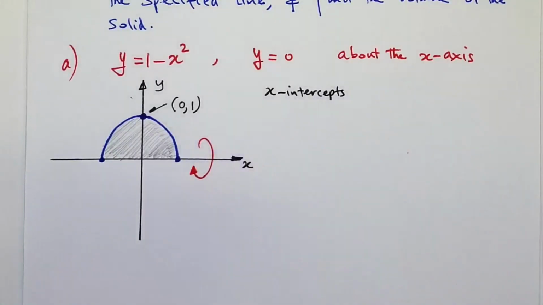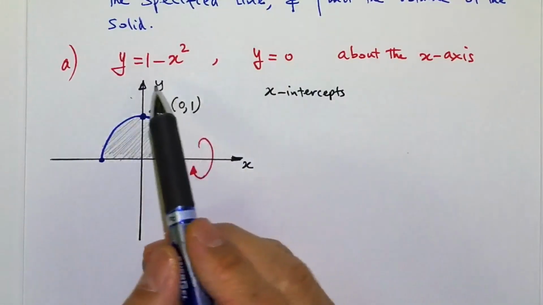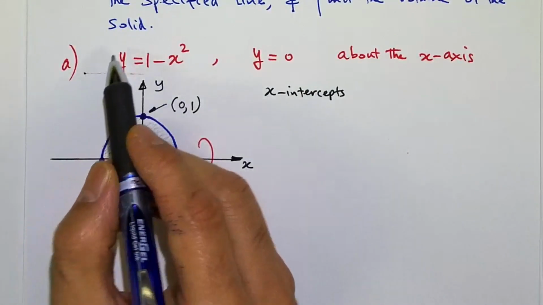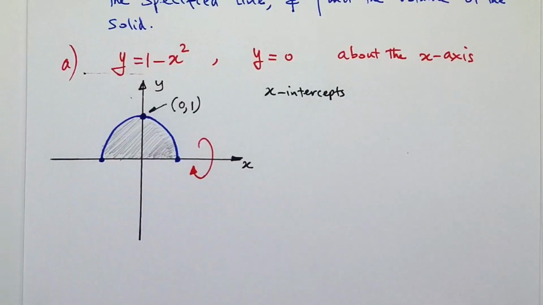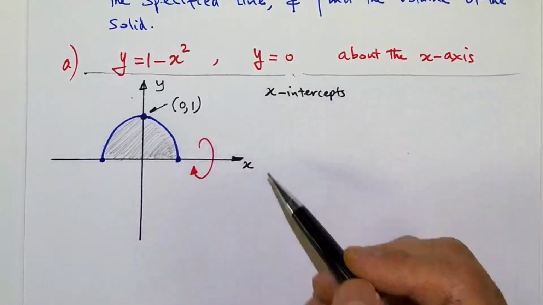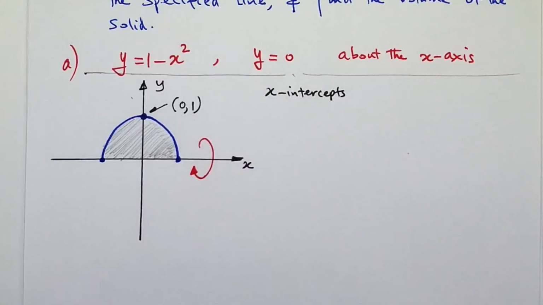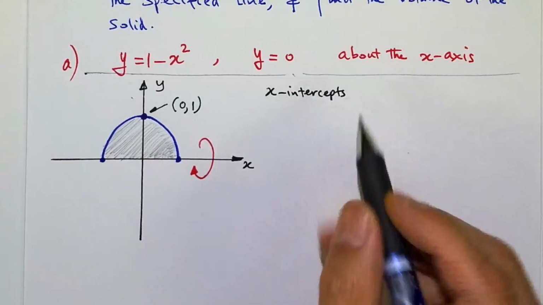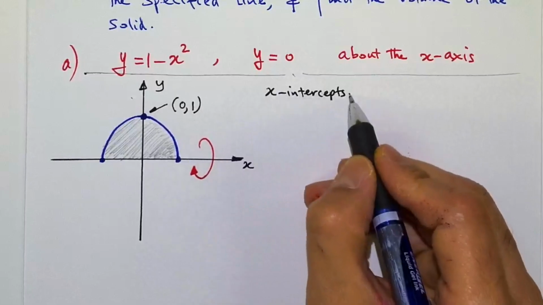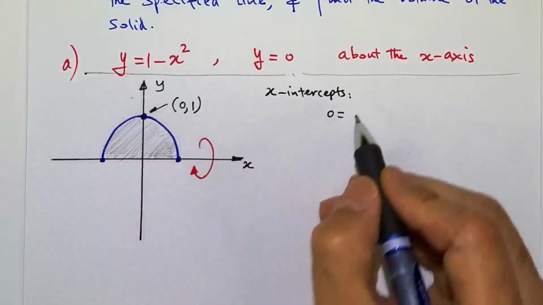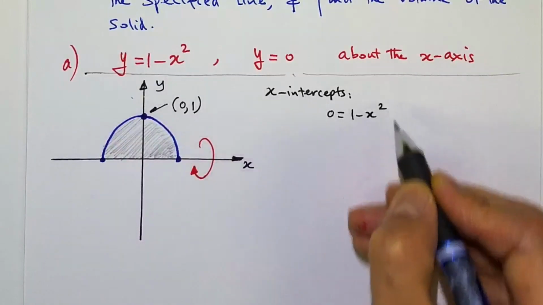so the solution, I guess, starts with the picture. Let me draw some line here, maybe with my pencil, lightly. So that was what was given to us, and everything below that line is what we're doing to solve the problem. Okay, so the intercepts would be: 0 equals 1 minus x squared.